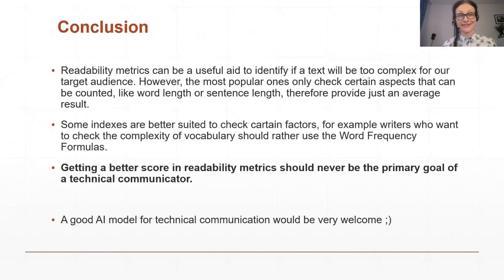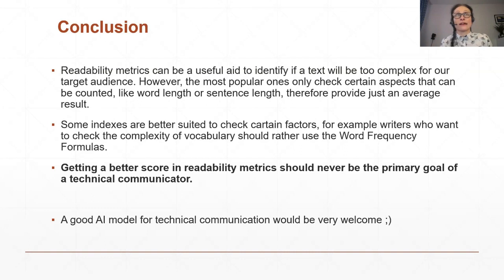So to conclude, readability metrics can be a useful aid to identify if a text will be too complex for our target audience. However, the most popular ones only check certain aspects of the text, like word length or sentence length, so therefore provide just an average result. And some indexes are better suited to check certain factors.